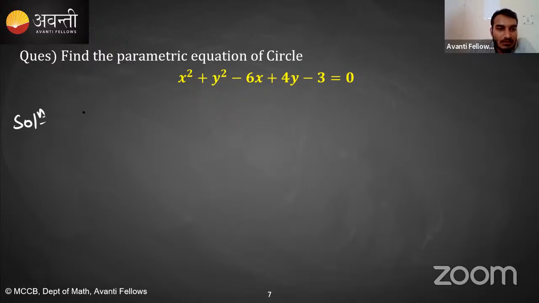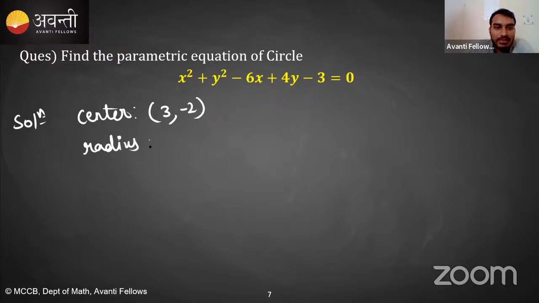So just now we learned the parametric equation of a circle. What is the center of the circle? Can anybody tell me? The center is minus half the coefficient of x, which is 3, comma minus half the coefficient of y, which is minus 2, and the radius of this circle is under root of 3 square plus 2 square minus c, right?